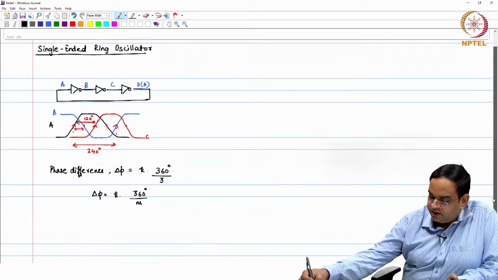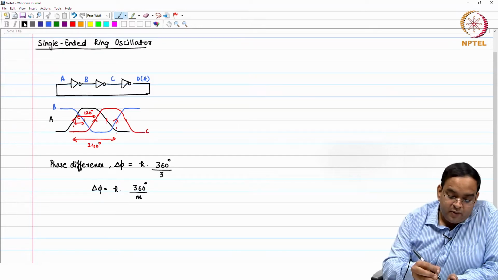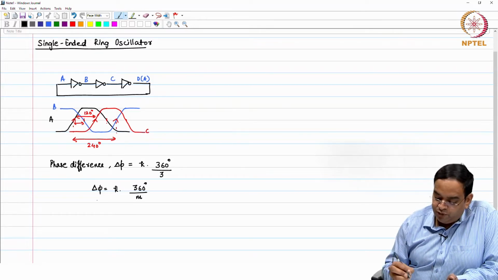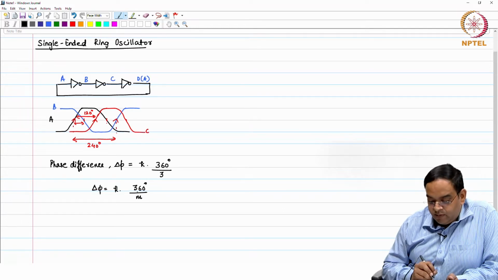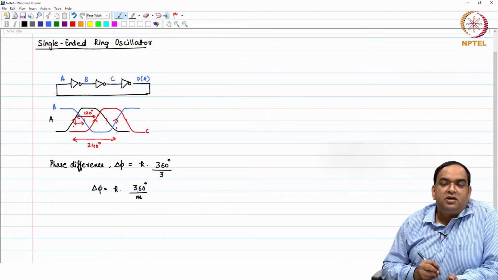Now, why is it a problem? Well, as such this is not a problem at all, but sometimes you do not need this phase of 120 degree, but you need phases like 90 degree, 270.